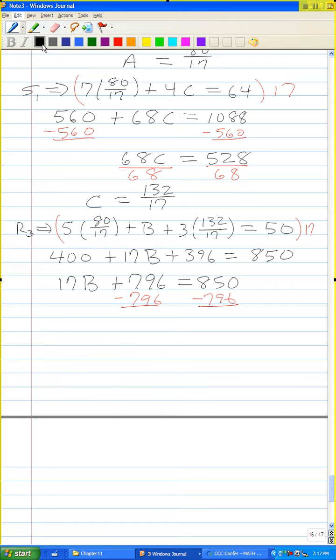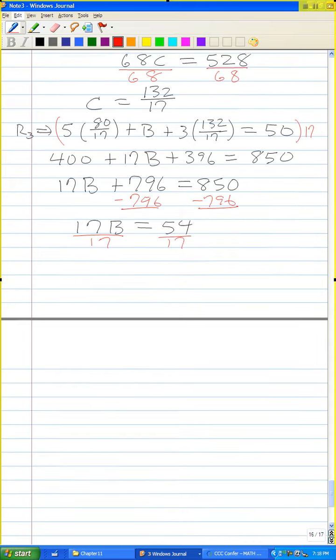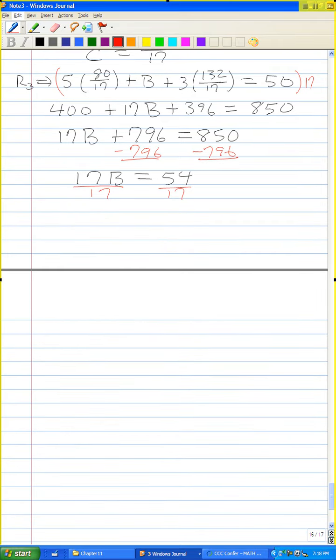And so 17B is equal to 54. Divide both sides of my equation by 17. B equals 54 over 17.